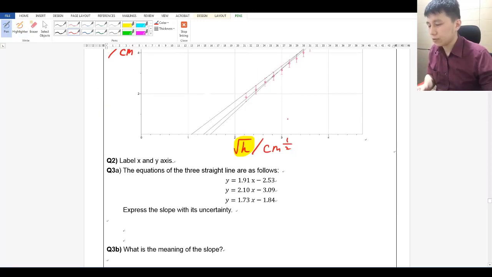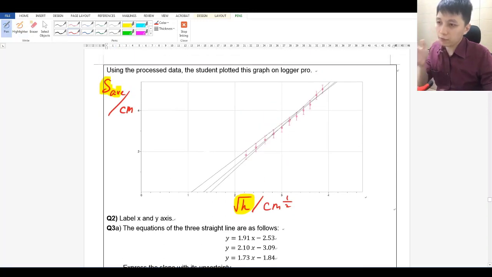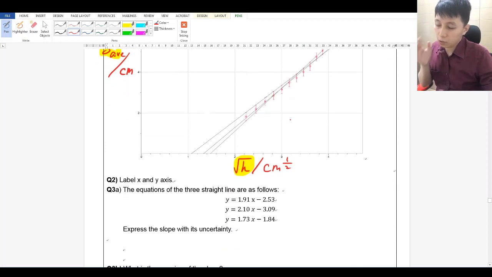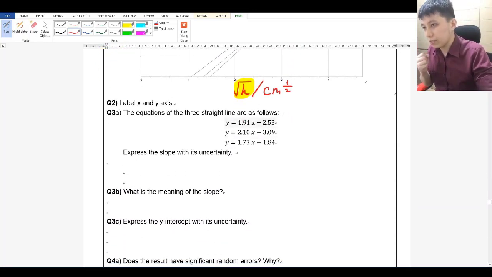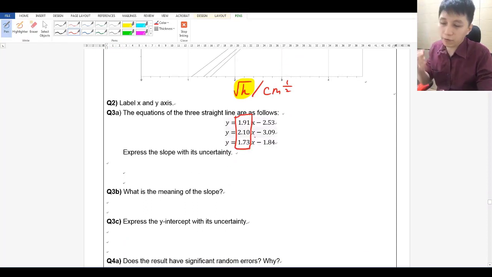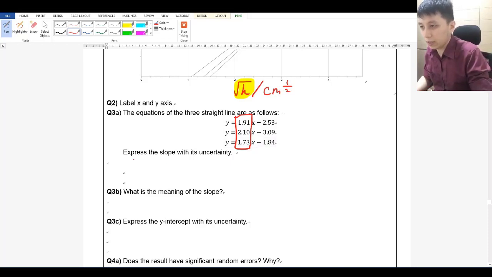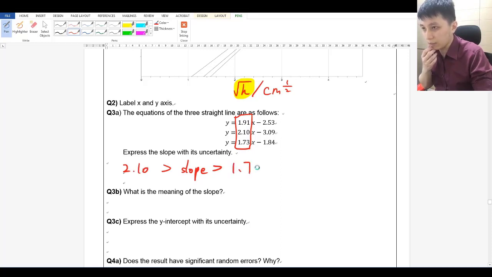Question number 3. Let's say from the software you already find the equations for all 3 lines. You can see there are 3 different slopes for these 3 lines, obviously, and you have to express it. What you can say about it is the slope will firstly be bounded by 2.10 and 1.73.